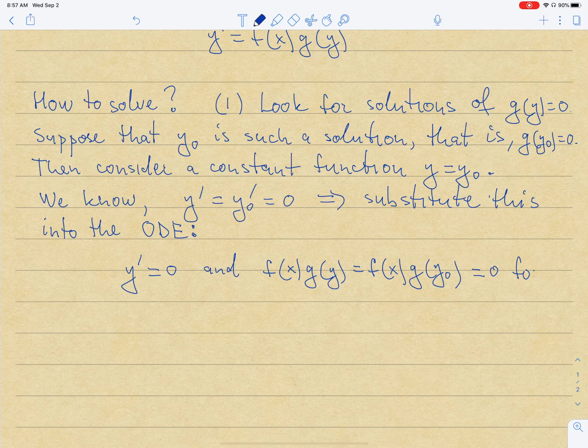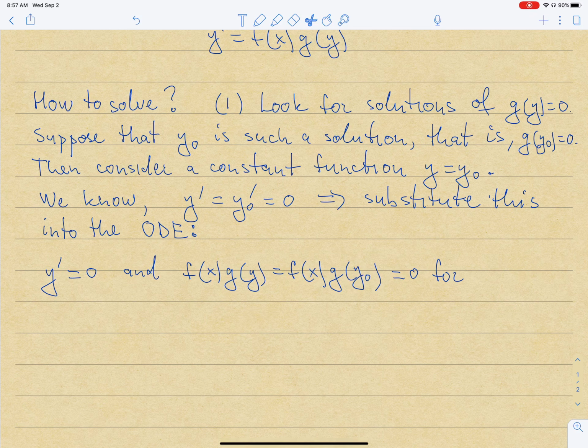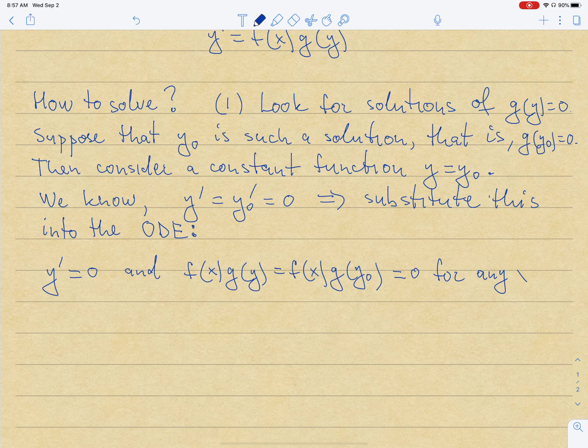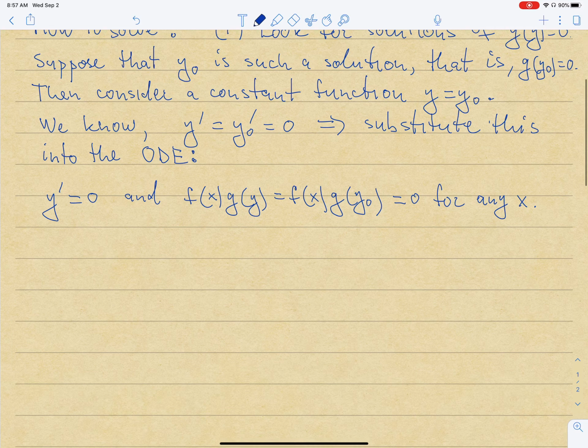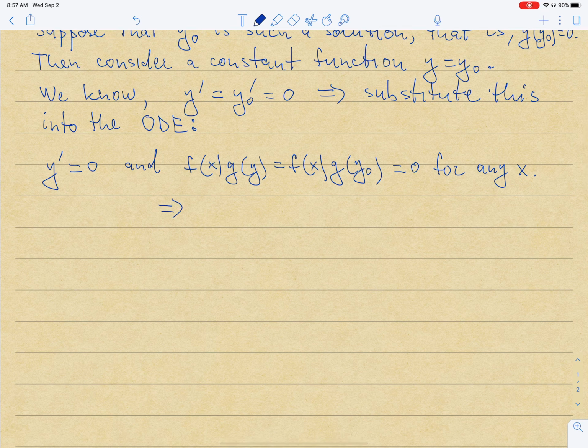So this is true for any x. And so that means that y prime is equal to f of x g of y, because both are equal to 0. And so y identically equal to y0 is a solution.